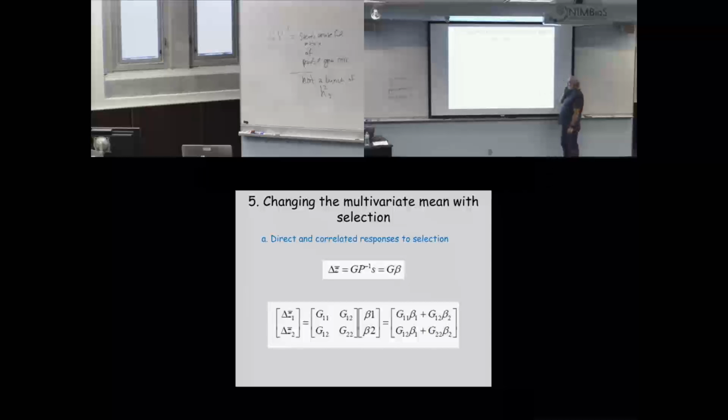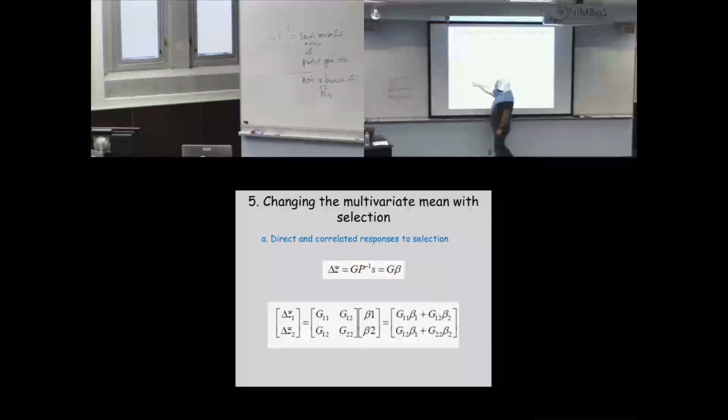And now if we look at it, what this is telling us is the response to selection in the first trait has two parts. One part represents the force of direct selection on trait 1 acting through its genetic variance. And then there's also an effect of selection on the other trait acting through the genetic covariance, G12.